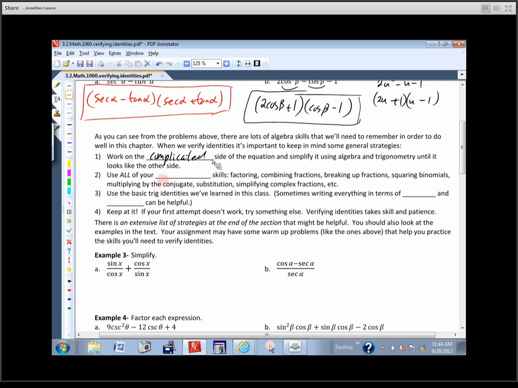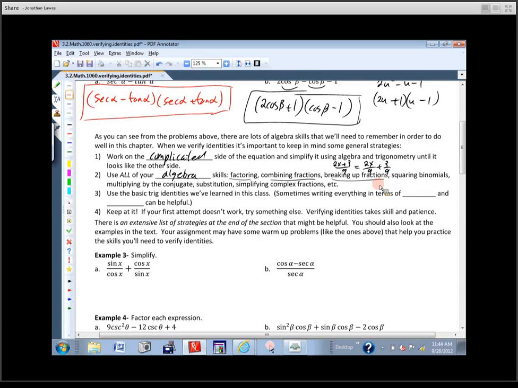Next thing is, use all of your algebra skills. The algebra skills that we're talking about are skills like factoring, combining fractions, breaking fractions up. That's one a lot of people forget about. For instance, if I had 2x plus 3 over 9, a lot of times we just leave it that way. But in some cases, it might be better to write it as 2x over 9 plus 3 over 9, because then I can at least simplify that part.